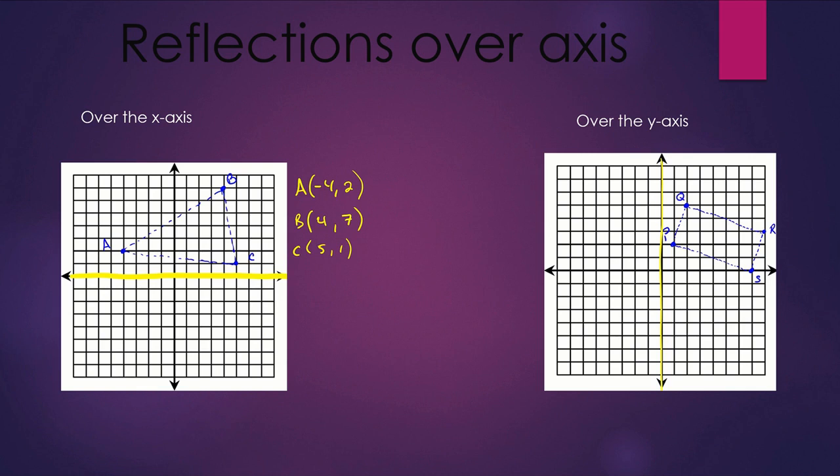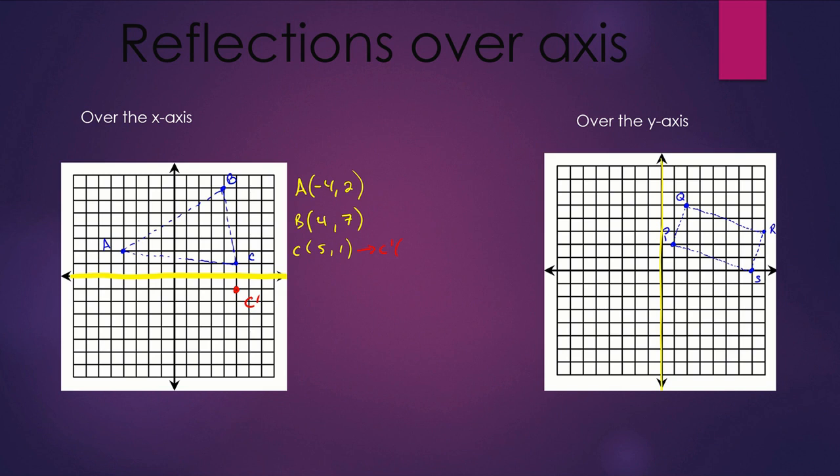And what I want to do is create my new vertices, right? So after I reflect it over the x-axis, remember they have to be the same distance away from the line of reflection, right? So that's 1 unit, so that's 1 unit down, that's C prime. And I want to ask you, did the x value change or the y value change?